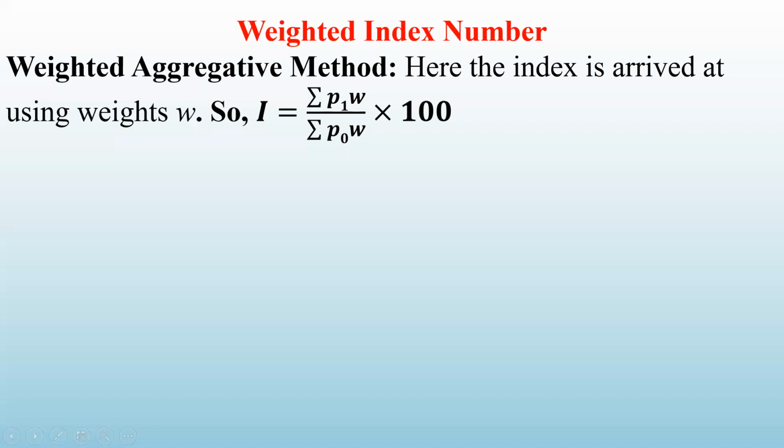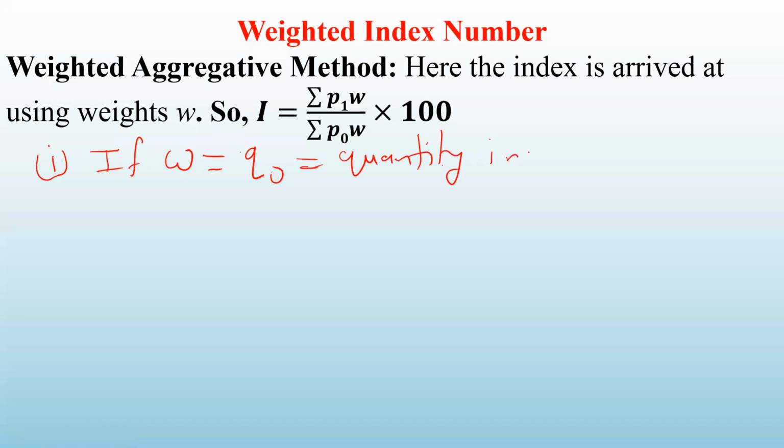The first one is, if the weight W is taken as Q0. What is Q0? Q0 means quantity consumed in the base year. Whenever I am using the suffix 0, it means base year.